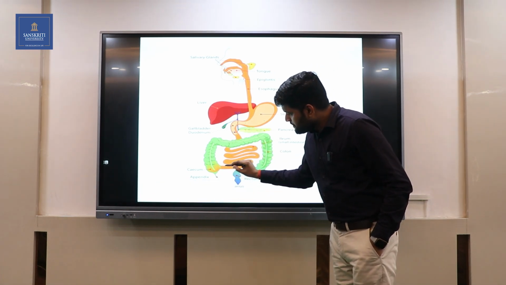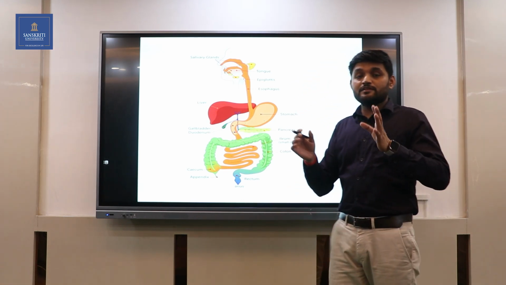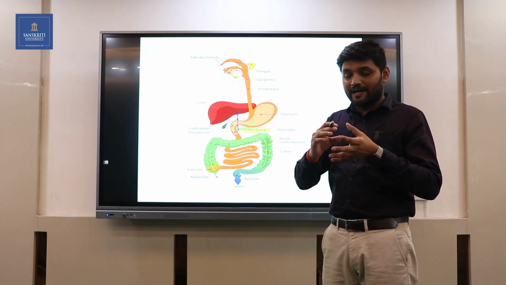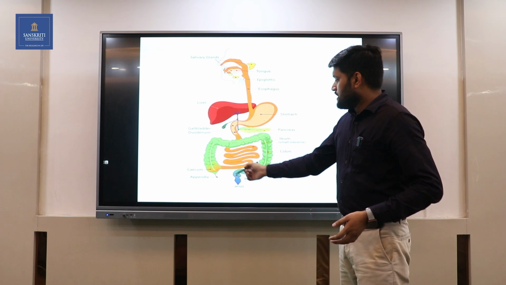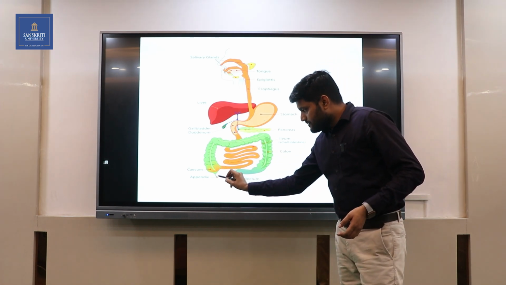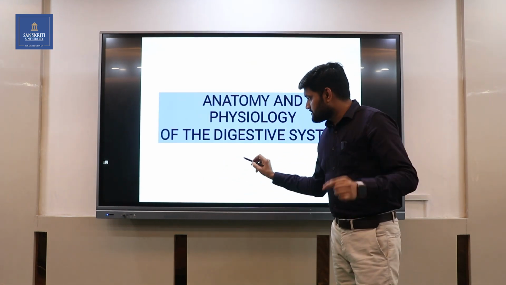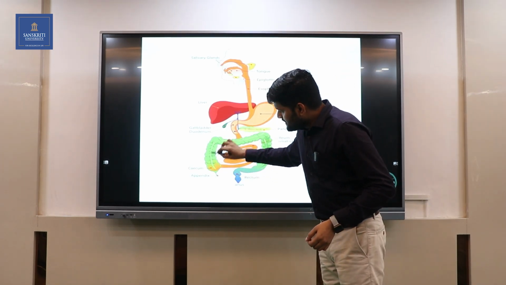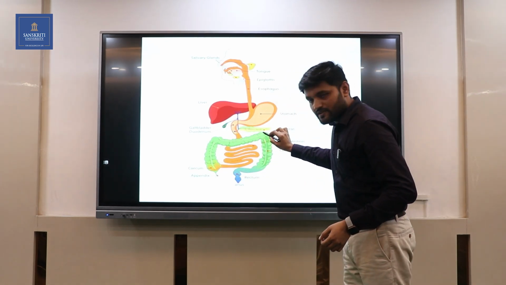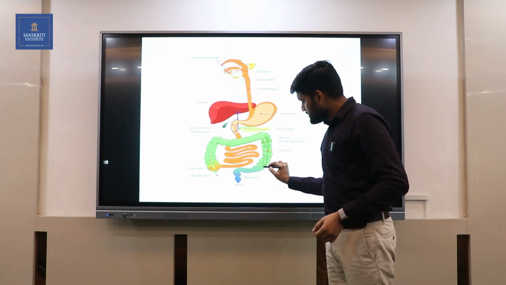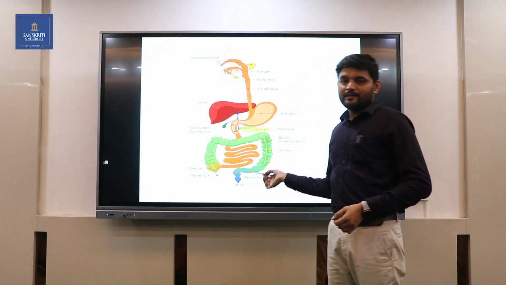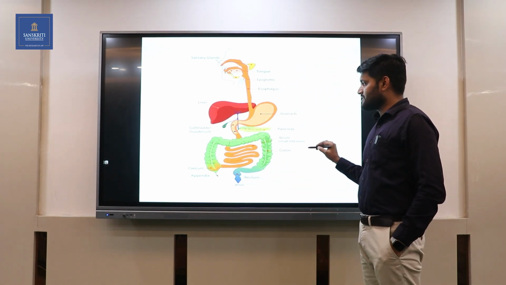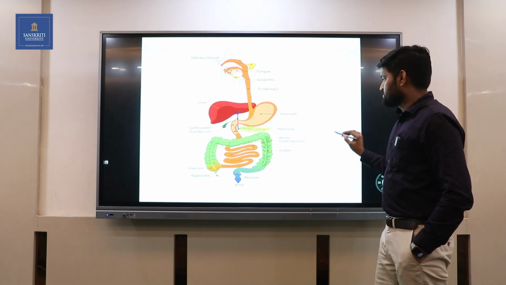Here the cecum is basically the joint of the small intestine and large intestine. The cecum has the appendix. Then the ascending colon, transverse colon, descending colon, and here the rectum and anus. So basically these are the parts of the digestive system.